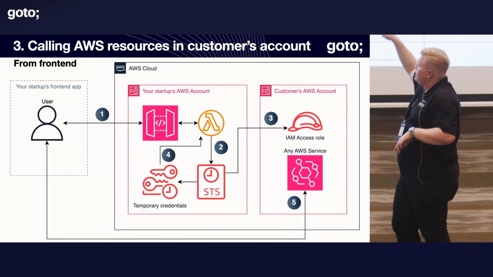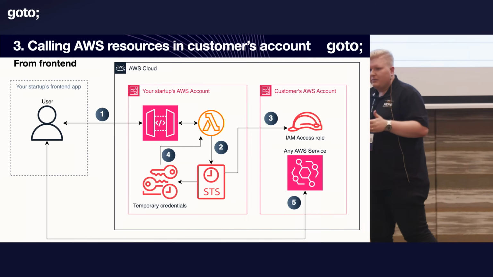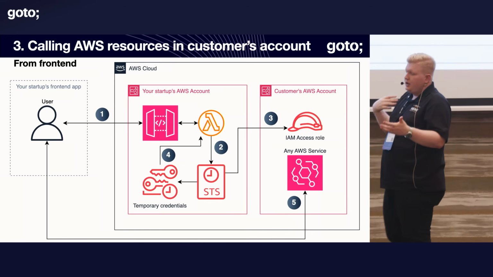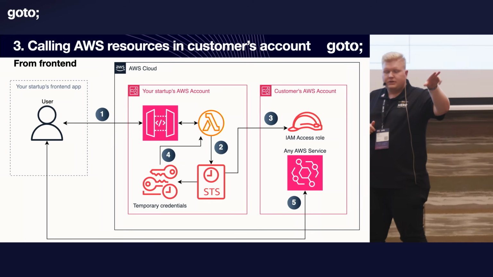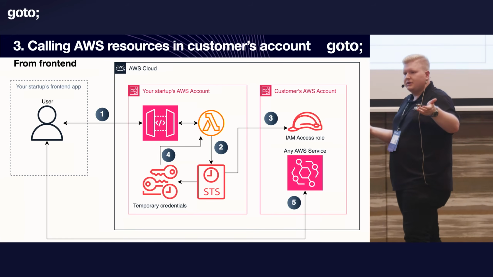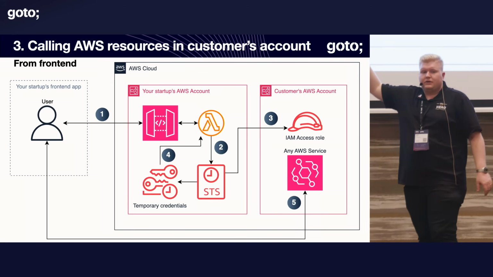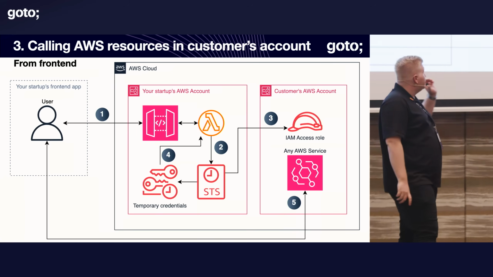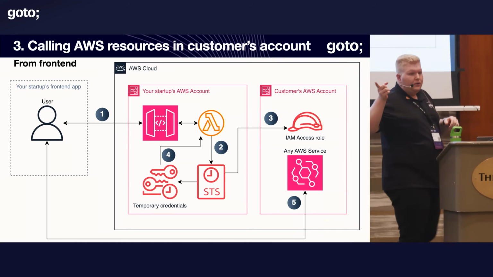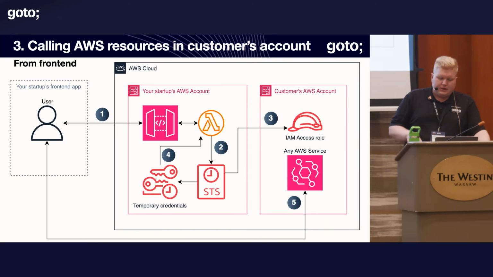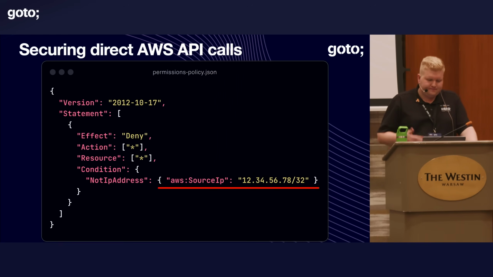There would be a Lambda, which would assume the role, get the credentials, limit them to, for example, 1 minute, and put there only the permissions that it needs, like, for example, invoke this specific Lambda function, so it cannot do anything more. And it would return it back to the front end, where it would directly create a new instance of the SDK, and directly call the AWS account from the front end, so no data would go through our infrastructure.